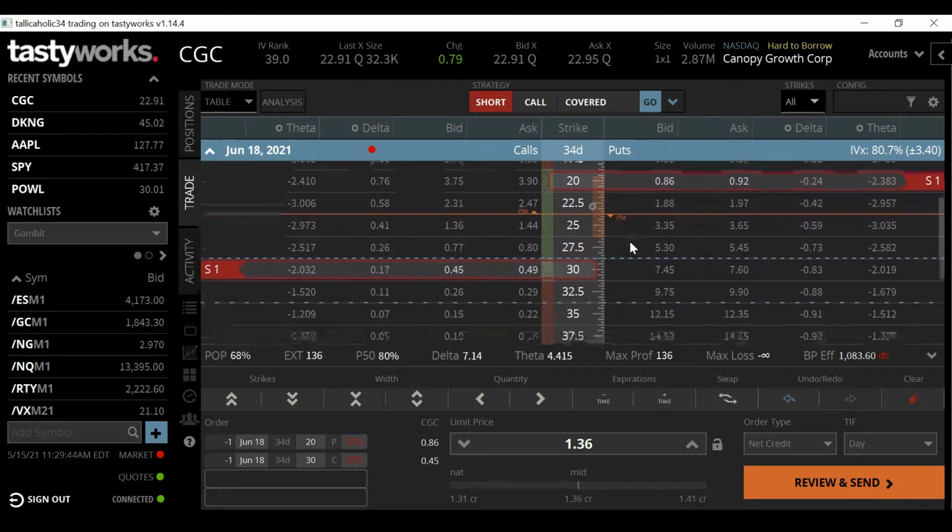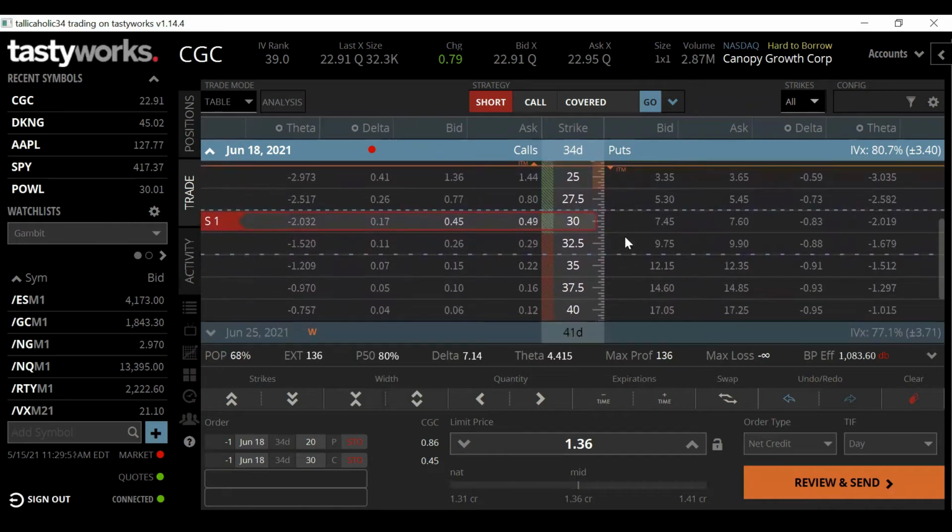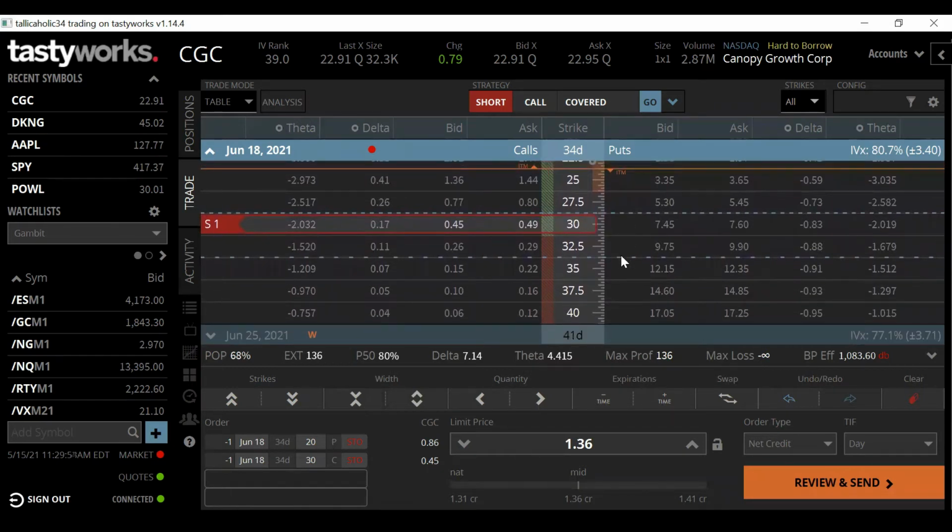Now, for our upside risk, though, if CGC just busts through this 30 and through our break even, then what is going to be our max loss? Well, on our put side, we get assigned shares, but on the call side, we actually have to buy shares and then sell them back. So if CGC comes up here to $35, guess what?